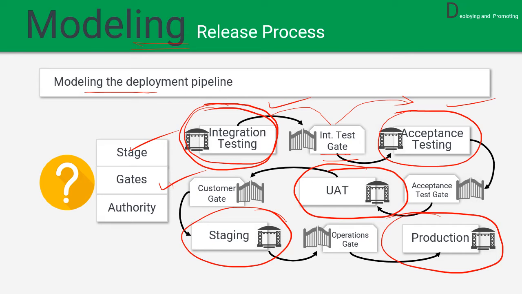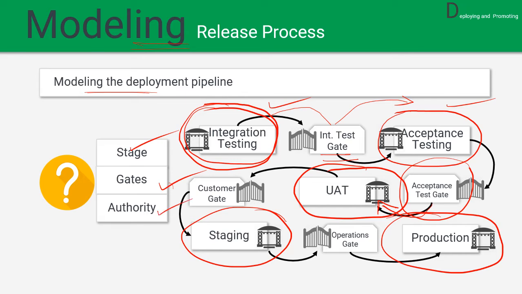The integration testing gate will decide whether the integration testing stage yields sufficient and good enough results for this particular build to move to the acceptance testing stage. If the build does well in the acceptance testing stage also, then the acceptance testing gate will permit this build to move to the user acceptance testing stage, right? So these gates are there to see if one particular build deserves to go to the next stage.